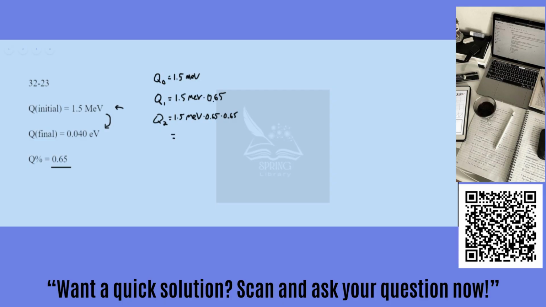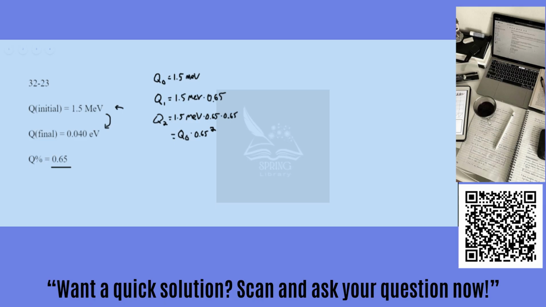which we could represent as Q2 equal to Q naught, the original energy, times 0.65 squared, right? Because you're multiplying 0.65 twice.